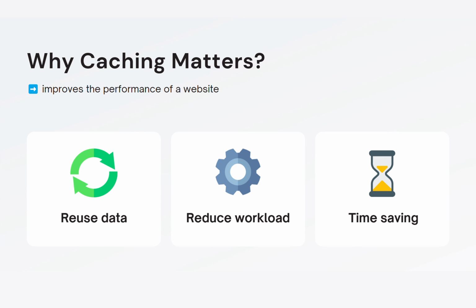For example, instead of repeatedly fetching the same data over and over again, caching allows a website to reuse the data that was fetched previously, and this reduces the unnecessary workload of fetching the same information. By using the already existing data, we can save time on loading the pages. This will immensely lead to a faster and smoother user experience. And therefore, caching is indeed crucial for enhancing a website's overall performance.